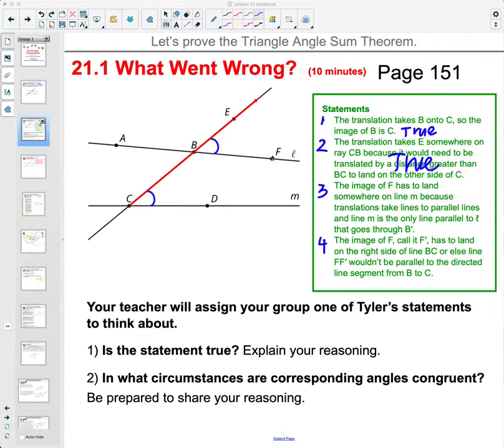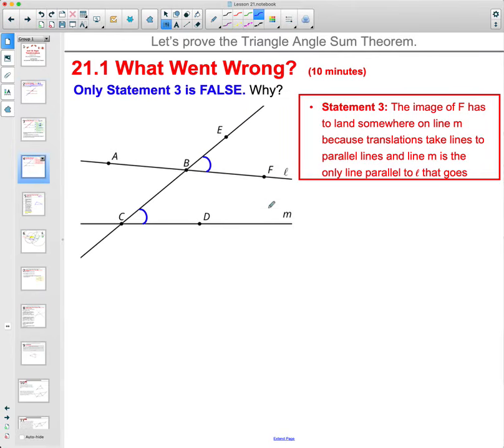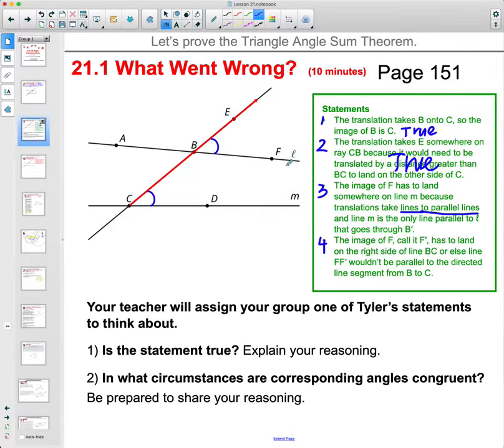Well, they're not parallel. Okay, these lines are not parallel. We were told that in that statement above. They are not parallel. So F is not going to land on M because M and L are not parallel to each other. So this number 3 is a false statement.